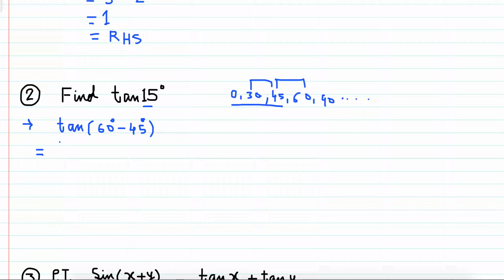So we can write it as tan 60 degree minus tan 45 degree divided by 1 plus tan 60 tan 45.